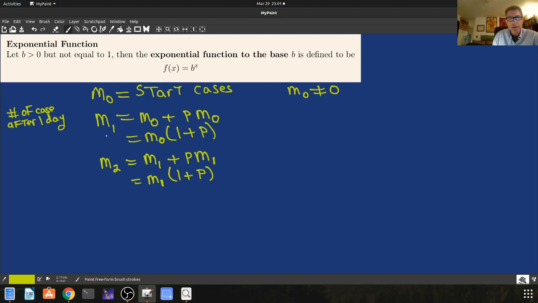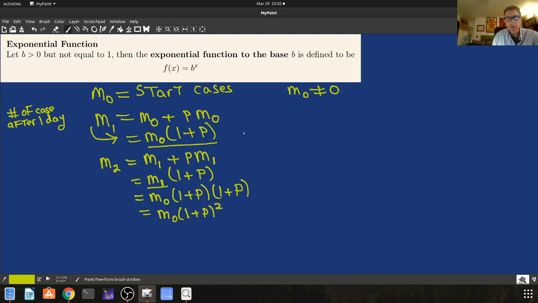But notice what m1 is equal to. m1 is equal to m naught times 1 plus p. So I'm going to replace m1 by this value to simplify the m2 case. So m1 is m naught times 1 plus p, and then that's multiplied by 1 plus p, which simplifies to m naught times 1 plus p squared.